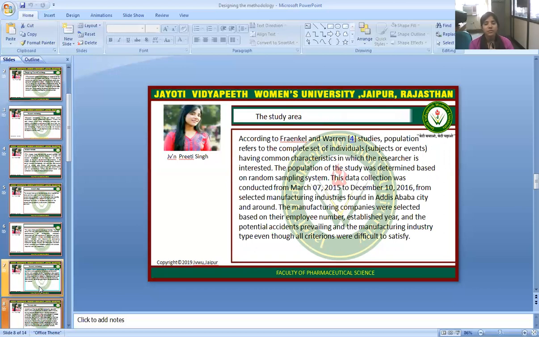This data collection was conducted from March 7, 2015 to December 10, 2016, from selected manufacturing industries found in Addis Ababa city and around. The manufacturing companies were selected based on their employee number and established year and the potential accidents prevailing and the manufacturing industry type, and though all criterions were difficult to satisfy.